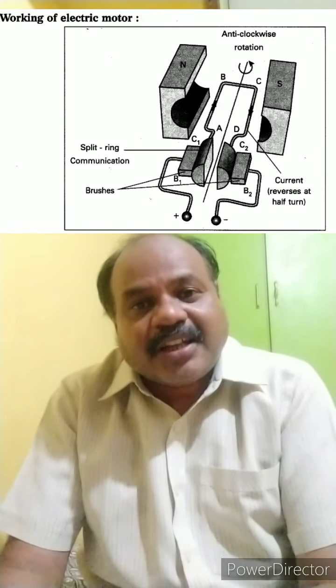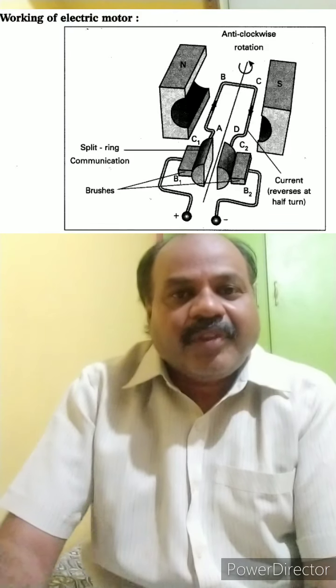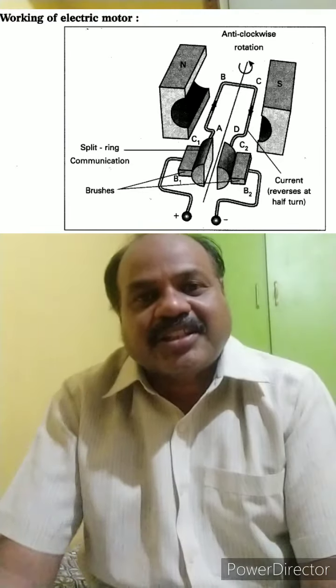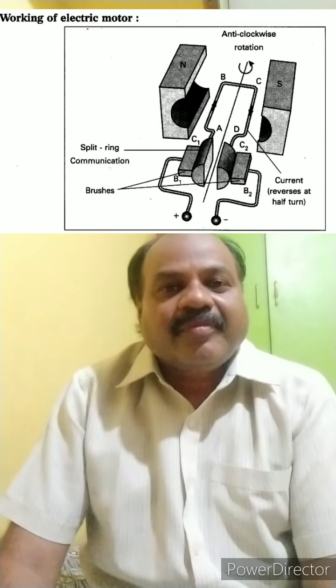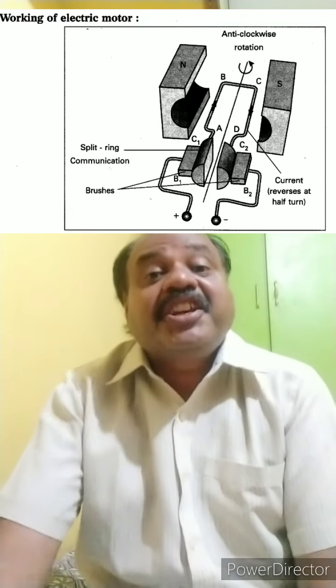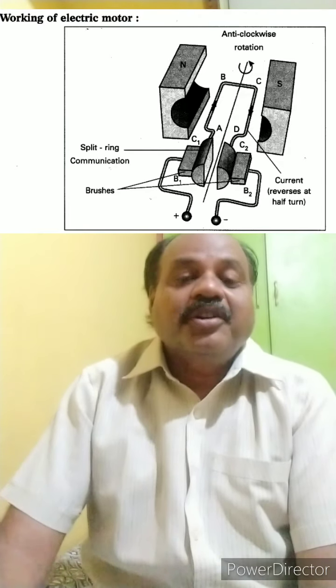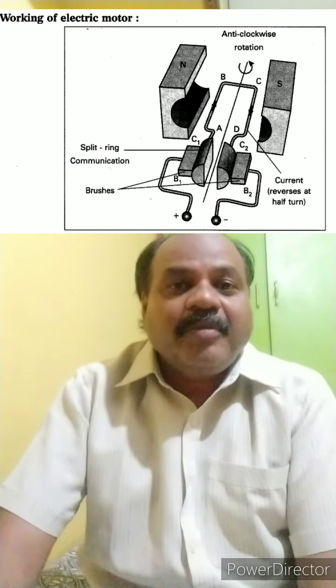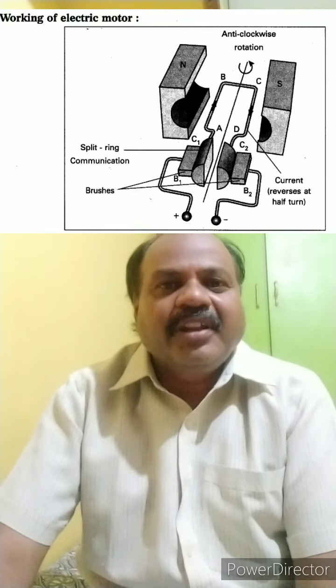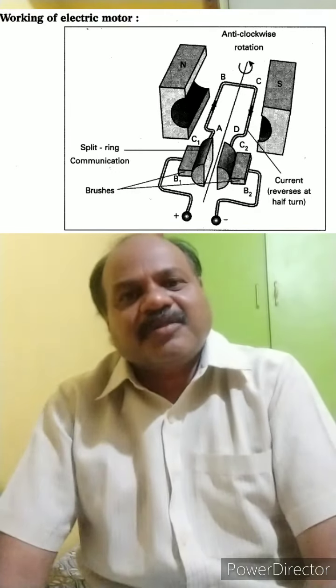When it completes half rotation, CD comes to this side, AB comes to this side. Then the direction of the current in the armature will be changed. Due to that, the armature rotates continuously between the NS poles.